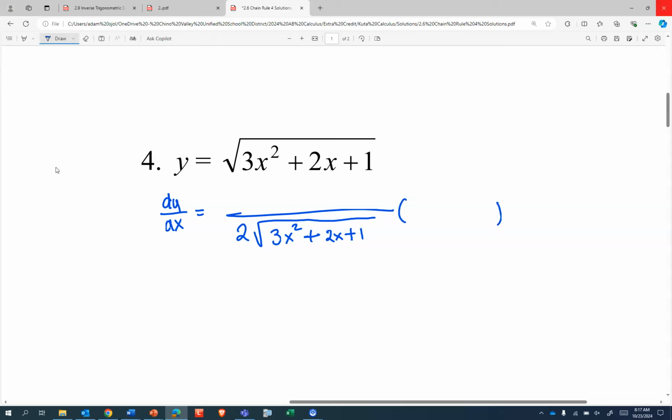Normally I'd write that derivative over here, and then times the 1, but I'm just going to put everything in the numerator. 3x squared plus 2x plus 1 has a rate of change of 6x plus 2. We might as well divide out that 2: 3x plus 1 over the square root of 3x squared plus 2x plus 1.